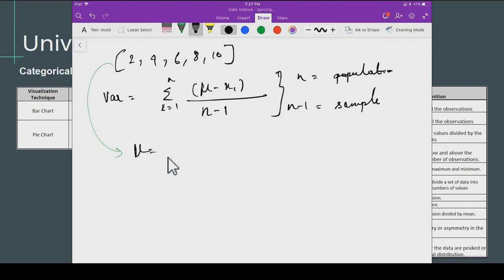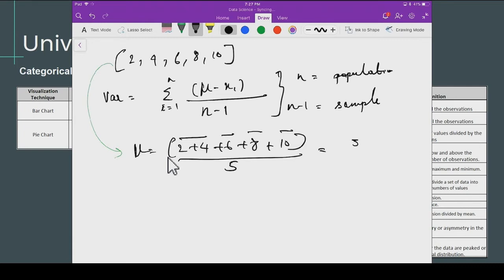So that would be 2 plus 4 plus 6 plus 8 plus 10, divided by 5. 2 plus 4 is 6, 6 plus 6 is 12, 12 plus 8 is 20, 20 plus 10 is 30. So that's 30 by 5, which is 6. So the mean is 6. We have our first number: the mean mu is 6. Next, we can calculate the variance.